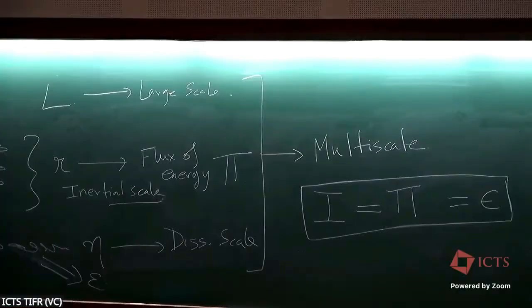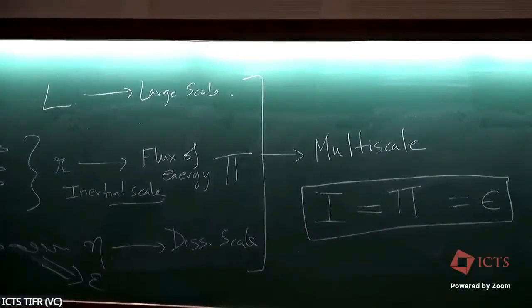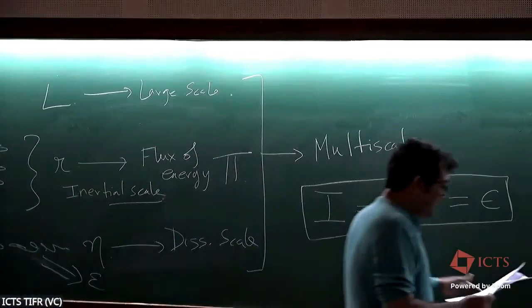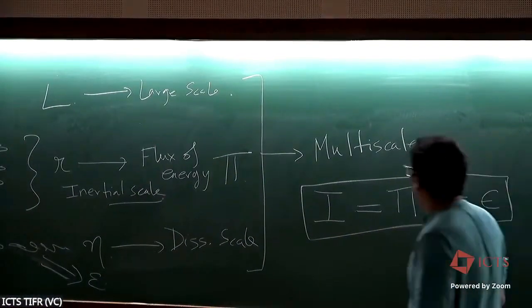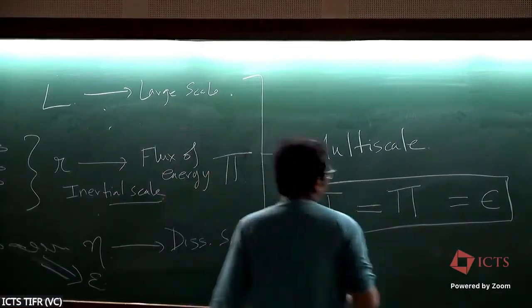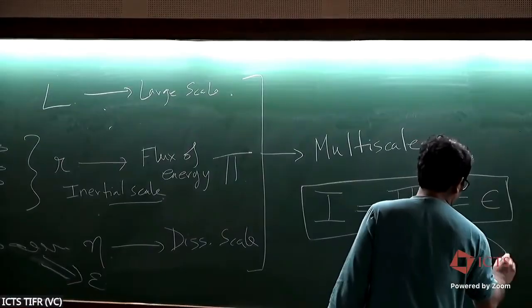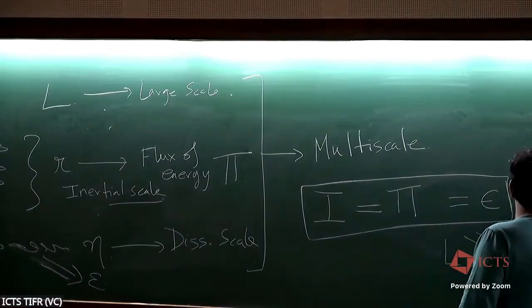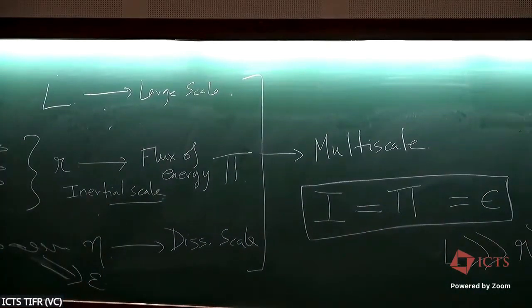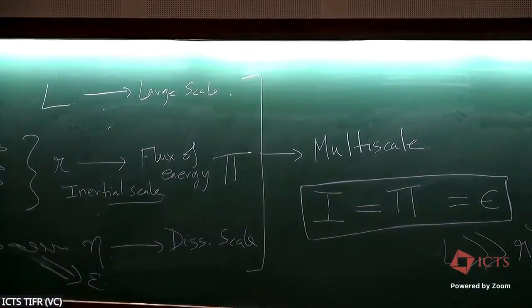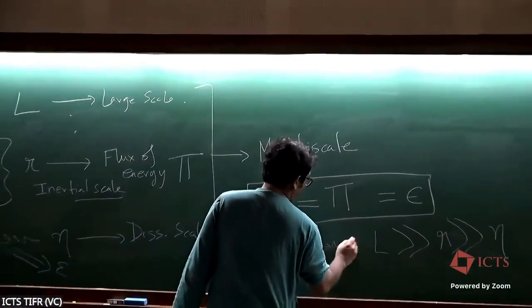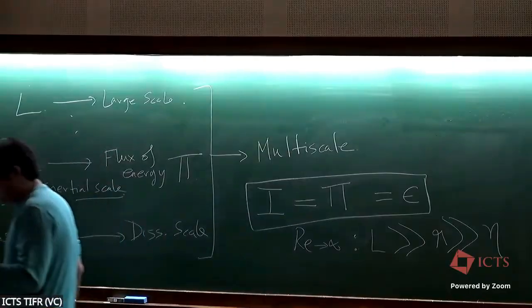All right. And that's just a restatement of the fact that we are in statistically steady states, and things are defined in some sense in terms of averages. And the fact that we actually have these things suggests that we certainly have some length L, much larger than the length scale over which this cascade is happening. This is a simplified picture, of course, and in high Reynolds number turbulence, this constraint does seem to work.